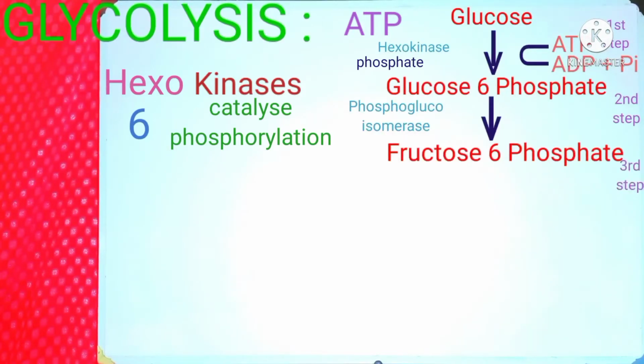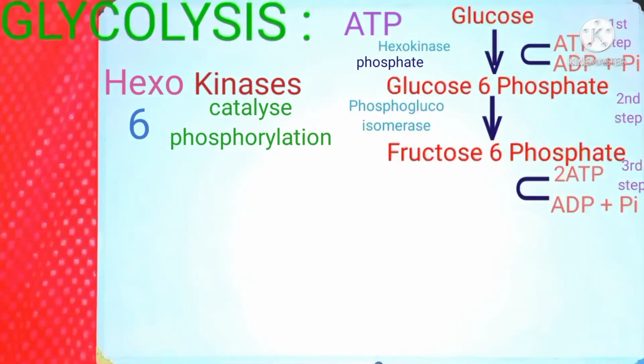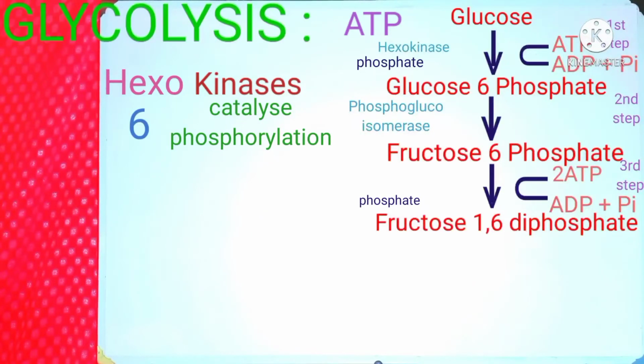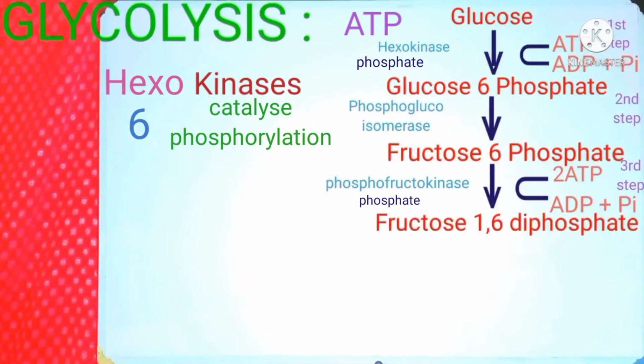During the third step, fructose 6-phosphate reacts with a second molecule of ATP, that is addition of another phosphate group to the carbon number 1 of the fructose ring, and is converted into fructose 1,6-diphosphate in the presence of an enzyme phosphofructokinase, another kinase enzyme which transfers a phosphate group from ATP to fructose 6-phosphate. Again, ATP is converted into ADP. Hence, ATP is used in this reaction.